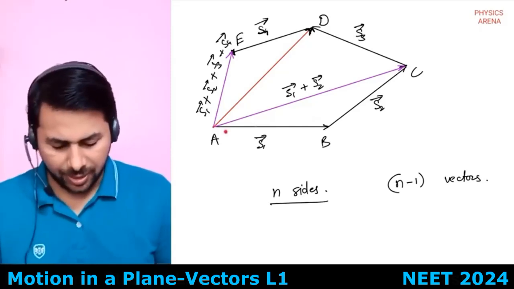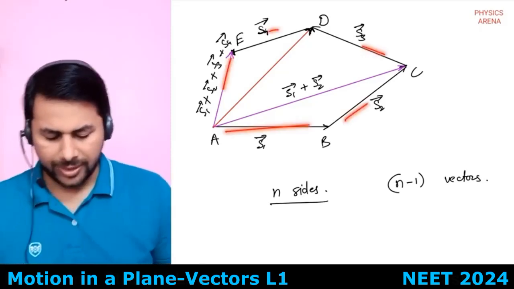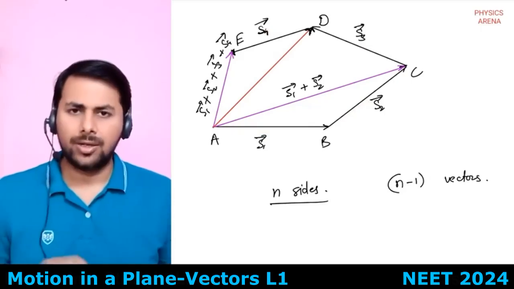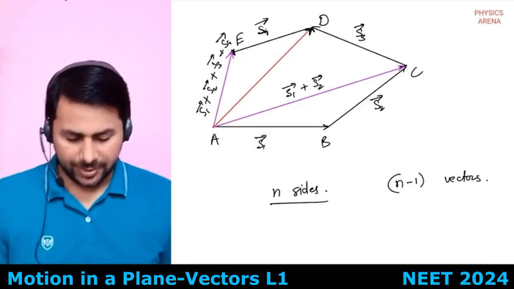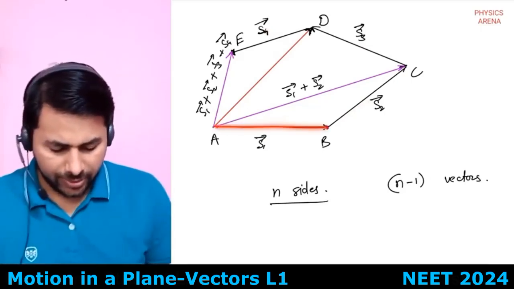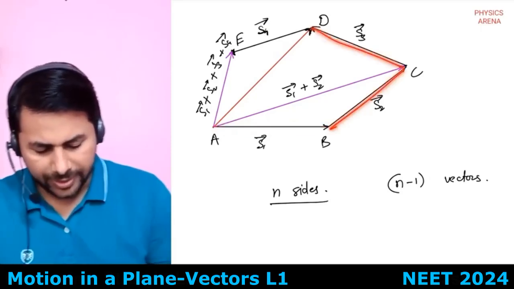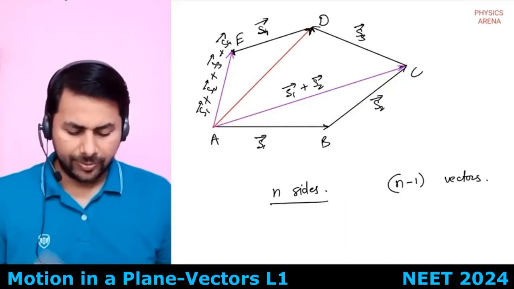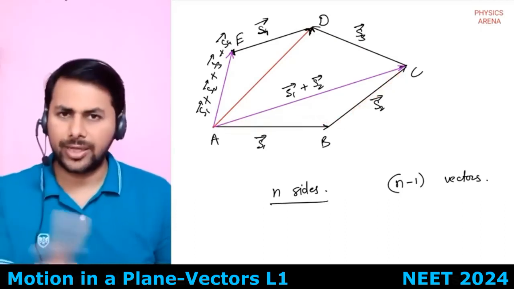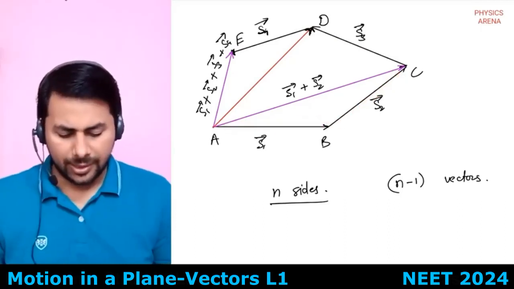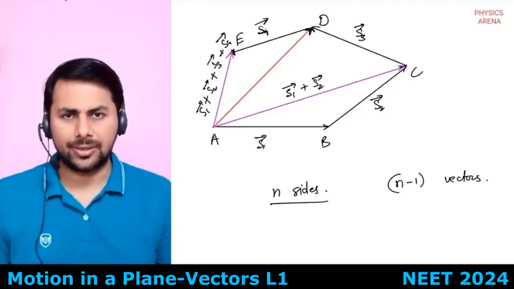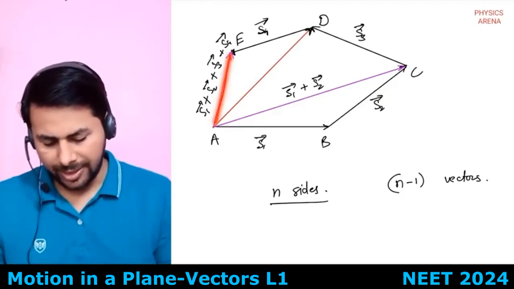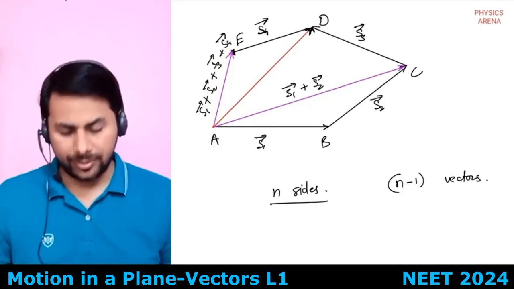So in this case you have 1, 2, 3, 4, 5 sides. Okay, this is a pentagon, 5 sides, right? And you are representing 4 sides of this polygon using 4 vectors, and you take them in order. Then the resultant is represented by the remaining side. So this is the remaining side, so this will be the resultant.